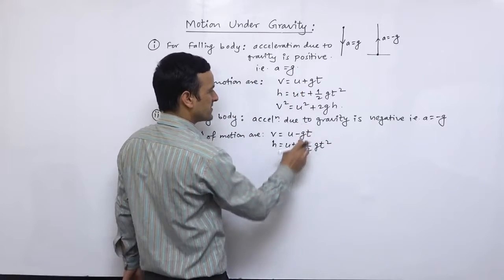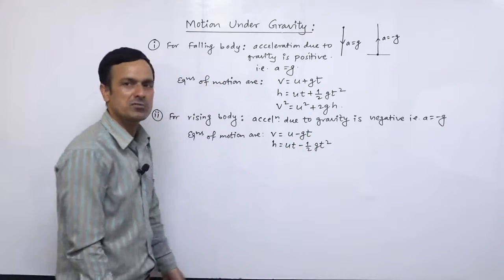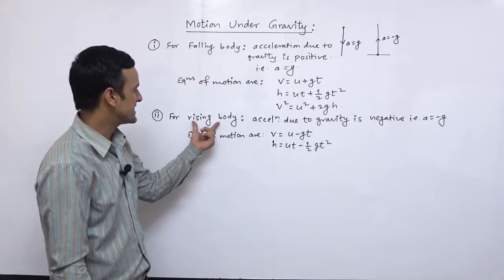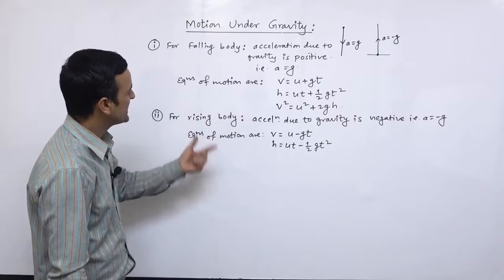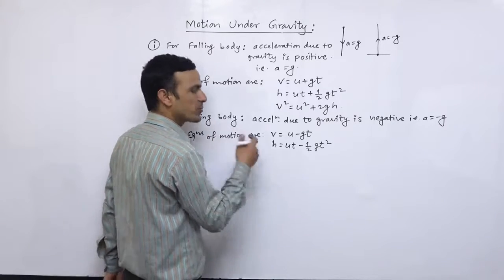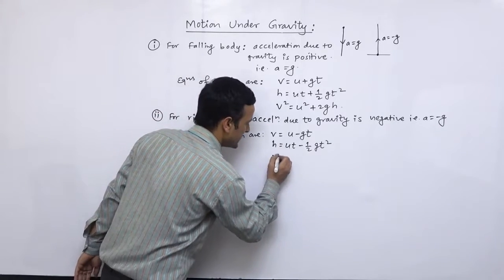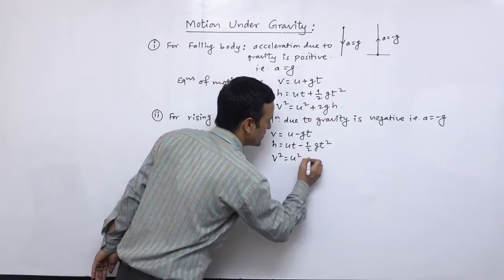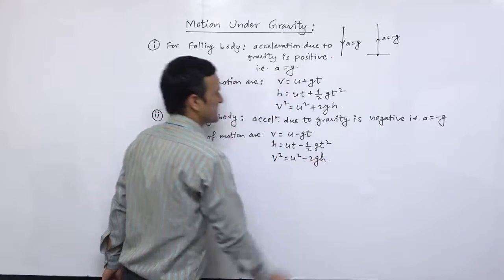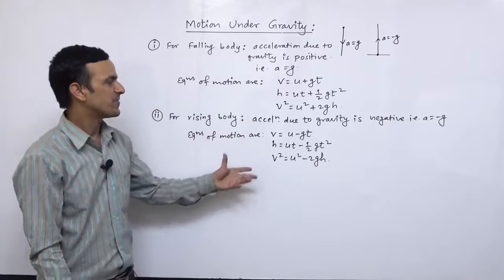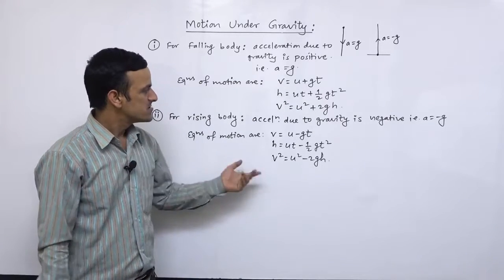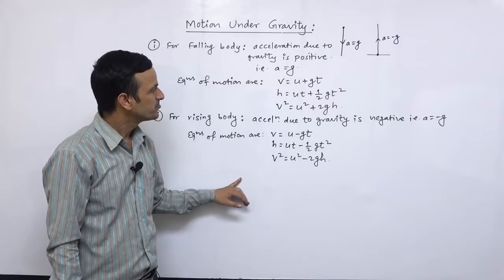Here it is plus, but in this case we have to write minus sign because the body is rising up or projected up. And here v square is equal to u square minus 2gh. So this type of formula we can use for solving the question.